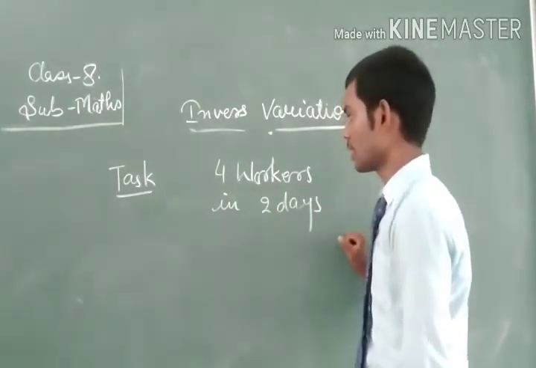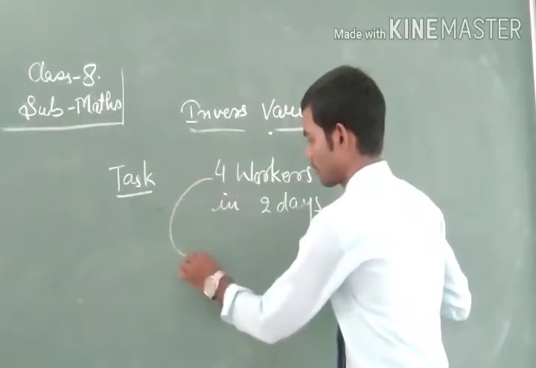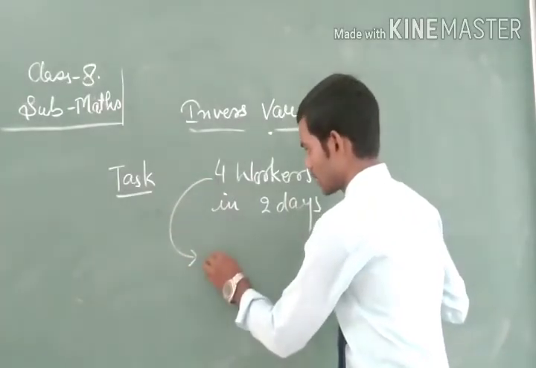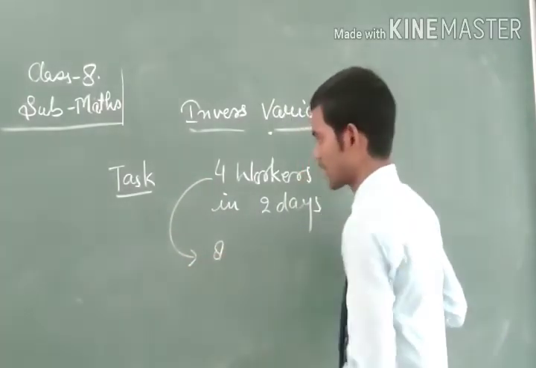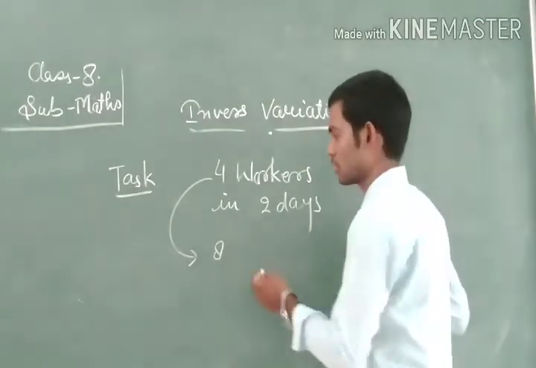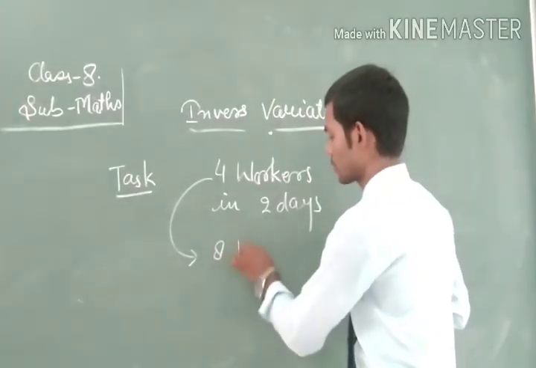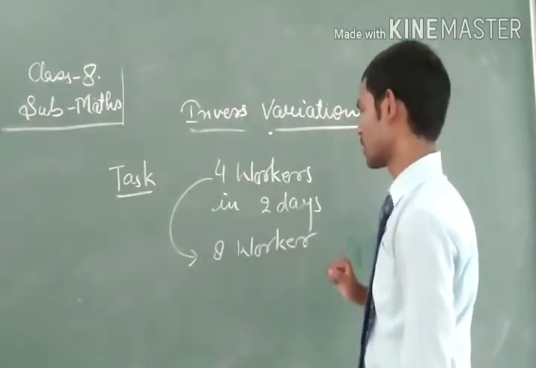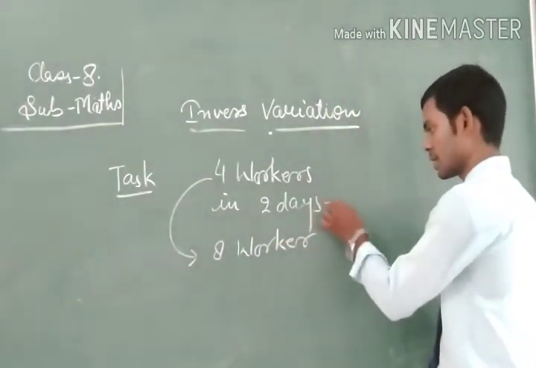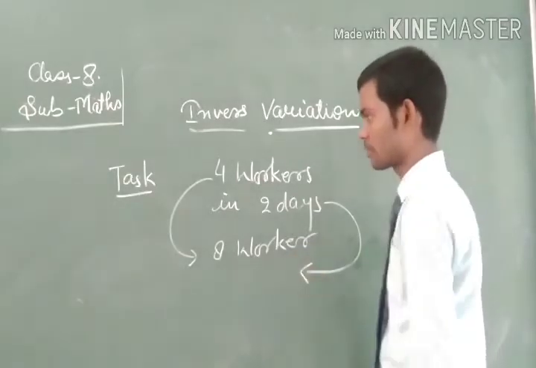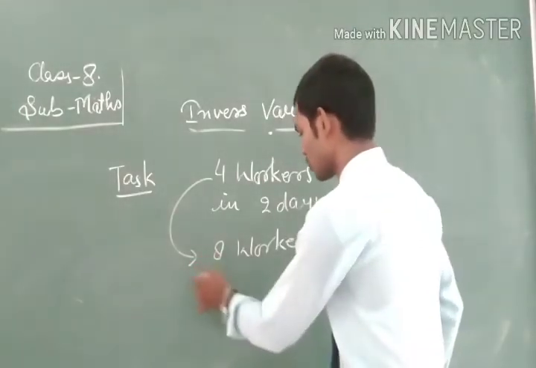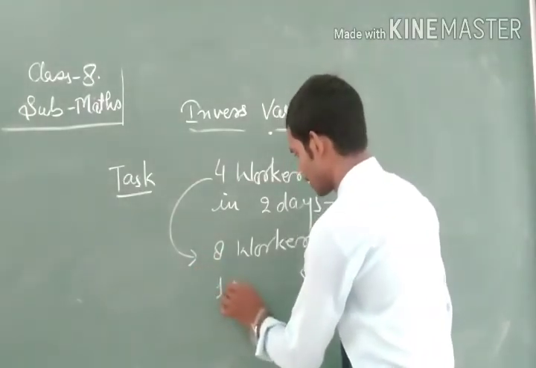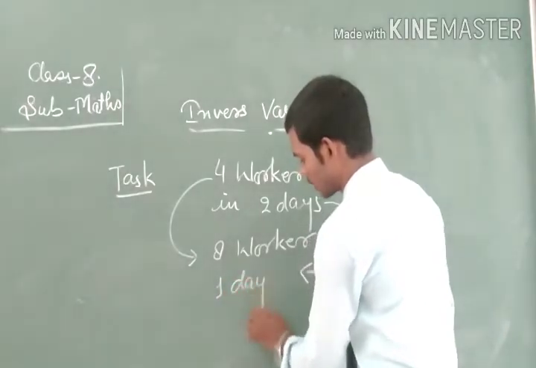And here, if we increase the number of workers to 8, that is, if we increase 4 workers, then we get 8 workers. And in this case, the number of days required to complete this task is also reduced, and it will take only 1 day.